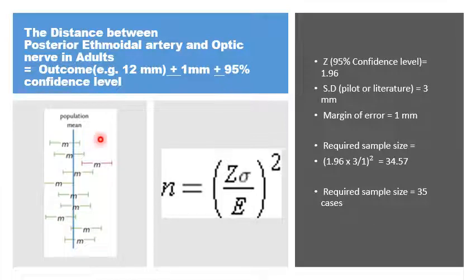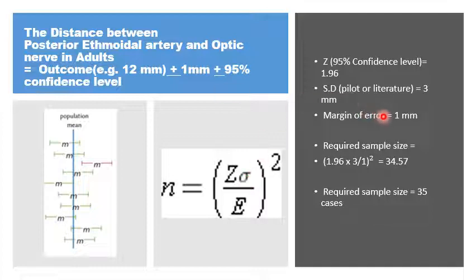correct answer. So we start with the equation, and there are three variables here that would need to be identified. The first is the level of confidence, and we have chosen 95% level of confidence. The z-score for this is 1.96, so we'll put here 1.96. The standard deviation of the measurement between the posterior ethmoidal artery and the optic nerve from previous studies or from pilot study should be about 3 millimeters, so that would be plugged into here.